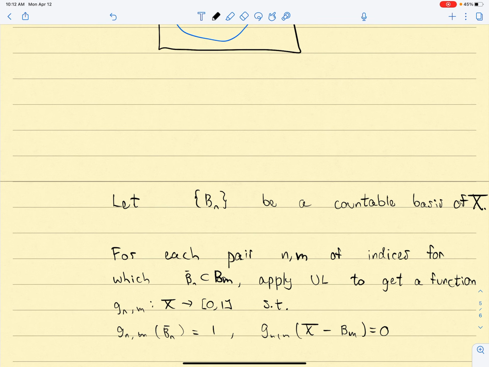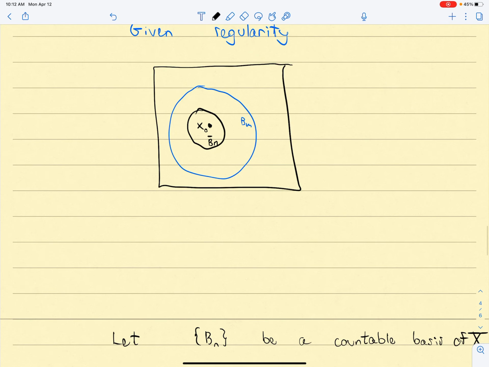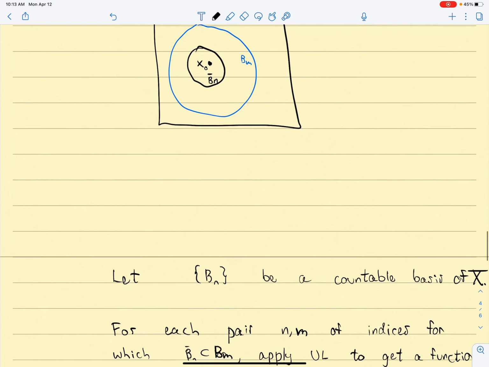So now we're going to get our collection of continuous functions. We let Bn be a countable basis of X. As you remember, the topological space X has a countable basis, so Bn is that countable basis.